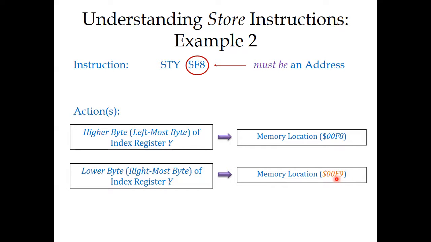The F9 is not given in the instruction, because in the instruction you will be given the first memory location where you will start storing the data. Okay? And the following location you will automatically count. So you start from F8. Since your data is 2 bytes, you keep the higher byte in F8, and automatically the lower byte goes to F9. Okay?